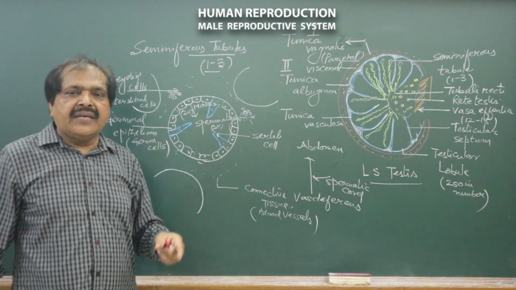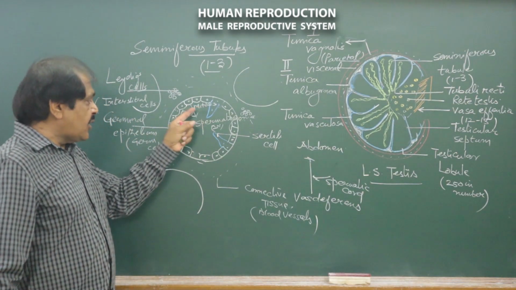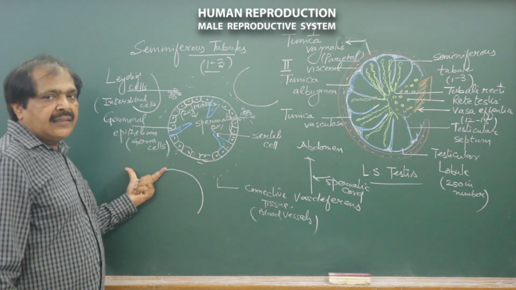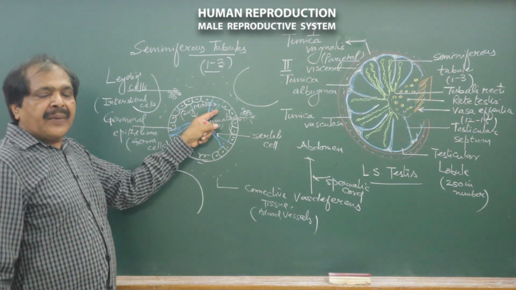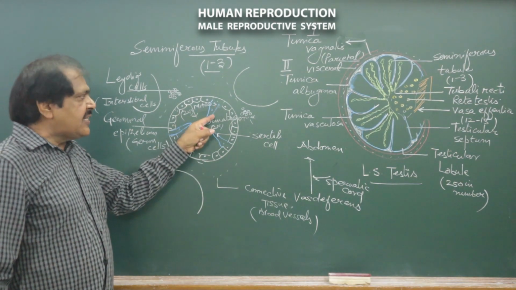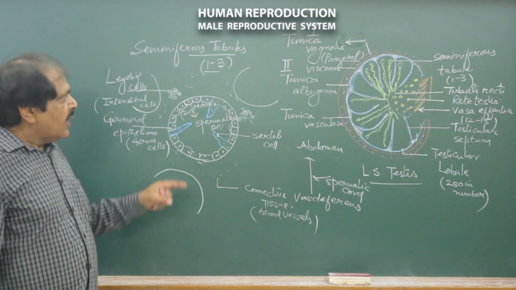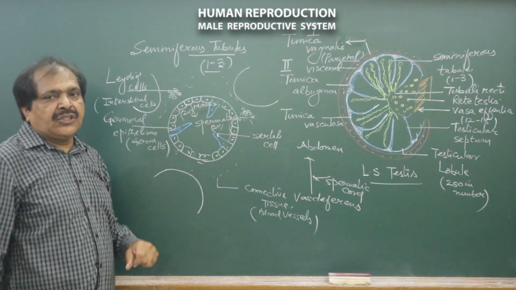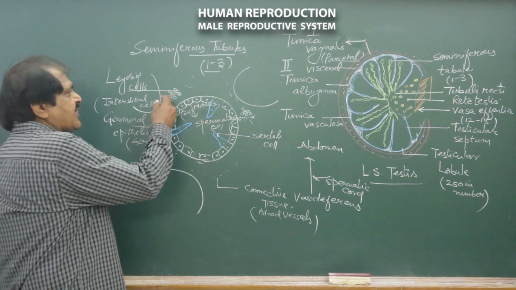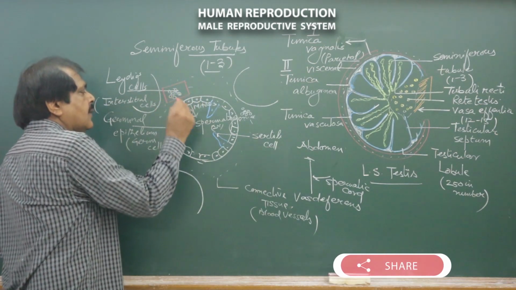The cells of the germinal epithelium are cuboidal and are called germ cells, and at certain places pyramidal shaped or long cells are also present, and they are called Sertoli cells. In between the two seminiferous tubules there is connective tissue. There is a group of cells, this one and this one.